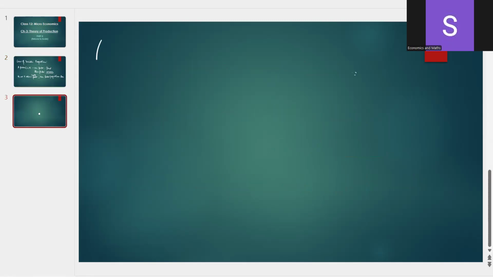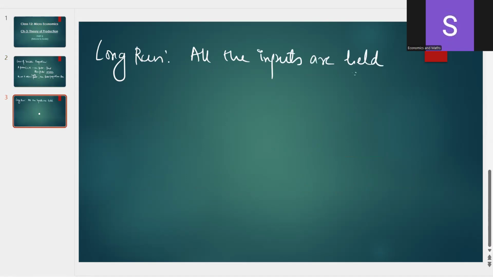However, in the long run, all the inputs are variable, they are not fixed.